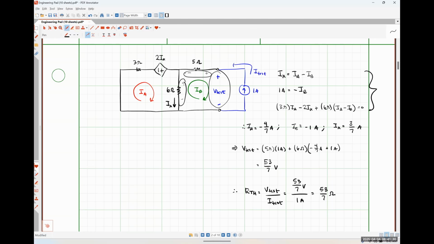That's just KVL around that right-hand loop. The voltage drop across the 5 ohm resistor, I hope it's pretty obvious, is just 5 ohms times 1 amp. And then the voltage drop across the 6 ohm resistor is 6 ohms times (IA minus IB). And since I have minus -1 amp, that's where that plus 1 amp came from in that expression.